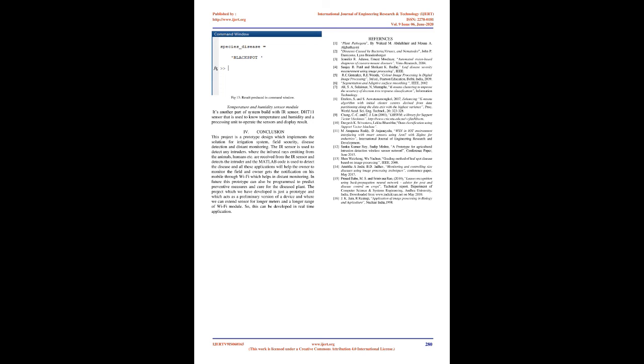The next step is to classify the test leaf with svmclassify, and the result is displayed on the command window. It takes 2 arguments, that is svmstruct from svmtrain, and the array of 13 feature values. Svmclassify is a function that classifies the data using the support vector machine algorithm. Its syntax is represented as group equals svmclassify, svmstruct, sample.